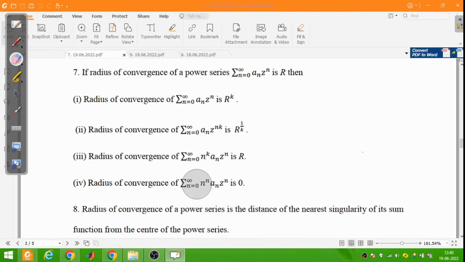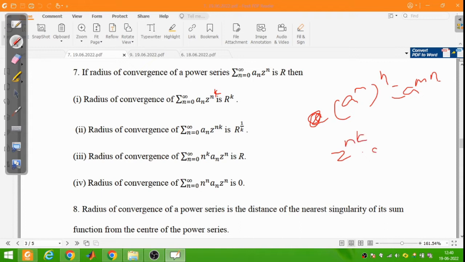Are you clear now? What does property 7 say? z power n the whole power k, or z power nk: a power m the whole power n is nothing but a power mn. So z power nk or z power n the whole power k, whichever it may be.